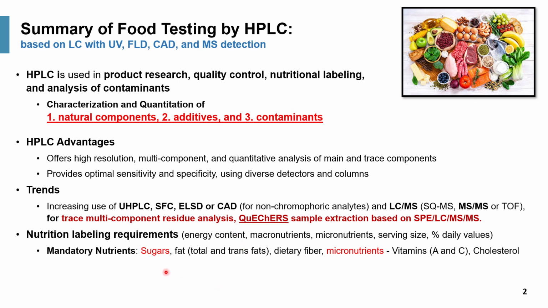Nutritional labeling requirements are typically done for energy content, macronutrients, micronutrients, serving size, and daily value. Some of the mandatory nutrients can be assayed by HPLC, such as sugar, different types of sugar, and also micronutrients such as some vitamins.